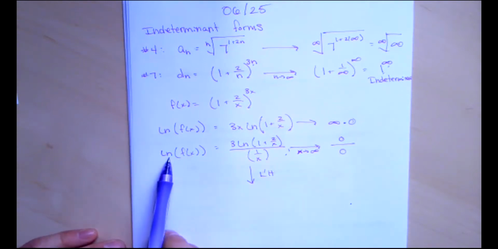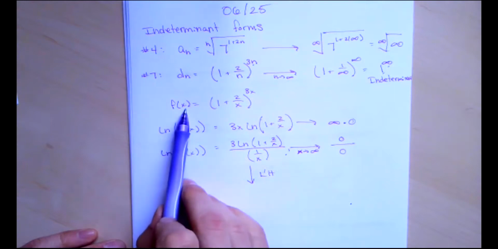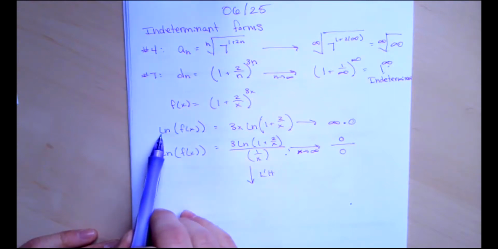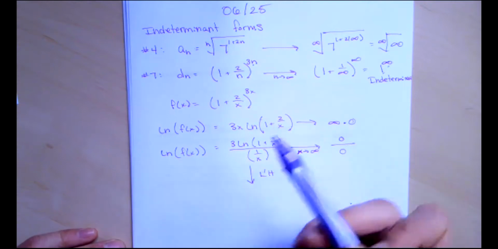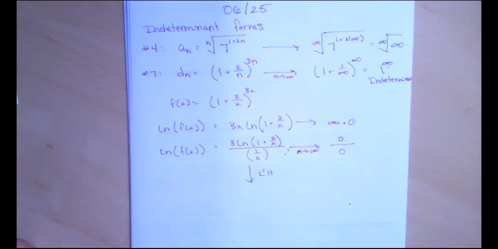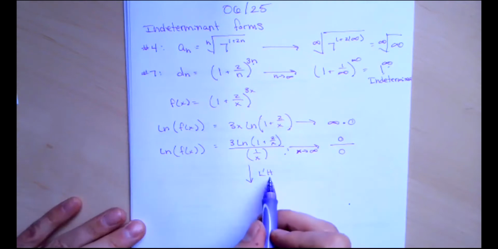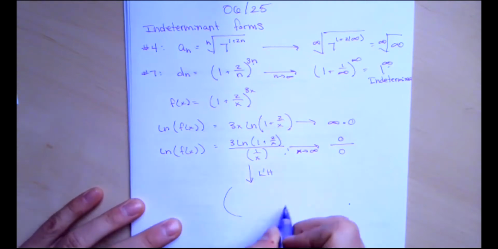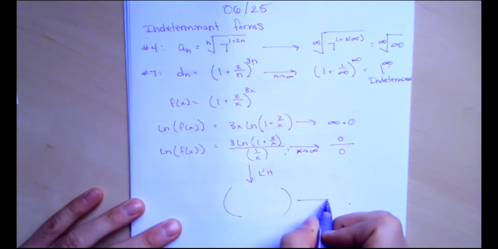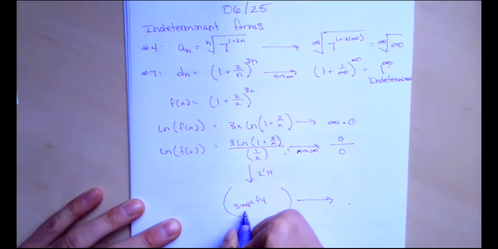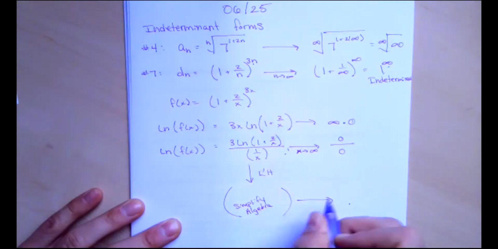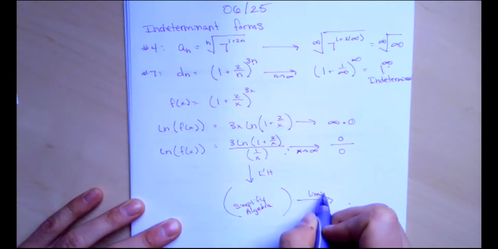And just remember, the first step was to apply the natural log, which means the last step we have to undo the natural log, which means we need to exponentiate. So once you do L'Hopital's rule, whatever you get, simplify, do the algebra, then compute the limit.